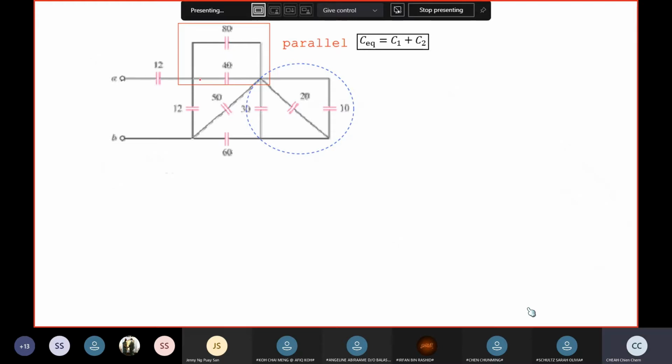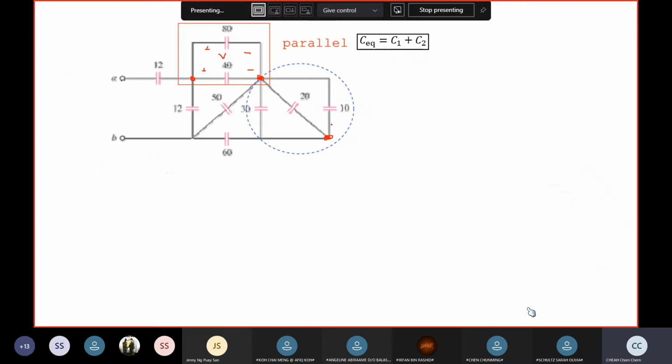Now these three capacitors are also parallel because one end they are all connected together. This is obvious. Now the other end, these two are obvious. They are connected together. This is also considered connected together because these are conductors, no drop in voltage. So these three are also in parallel.